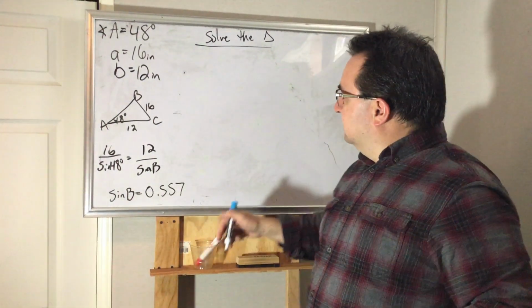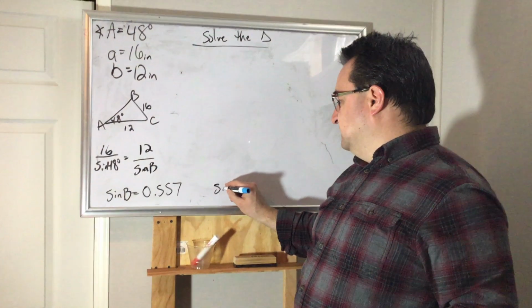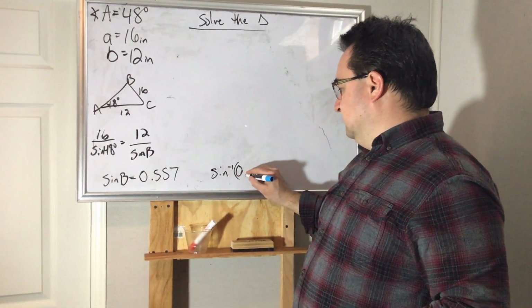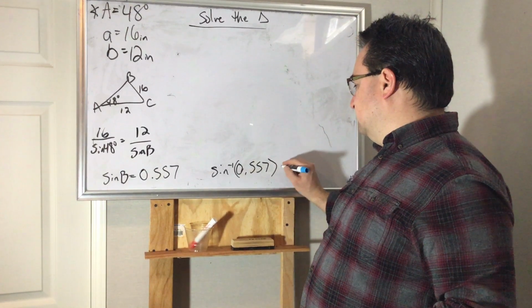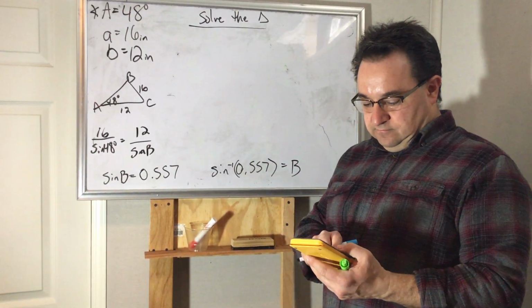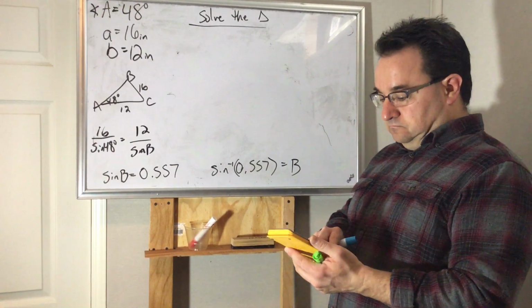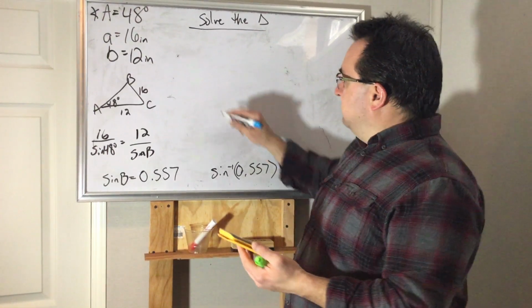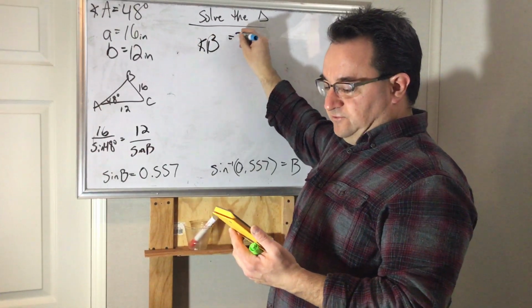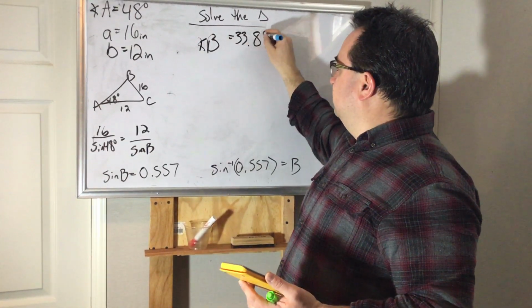Now, to get the angle, I have to do the inverse sine of 0.557 to get angle B. So I'll punch that in. And I'm getting angle B equals 33.85 degrees.